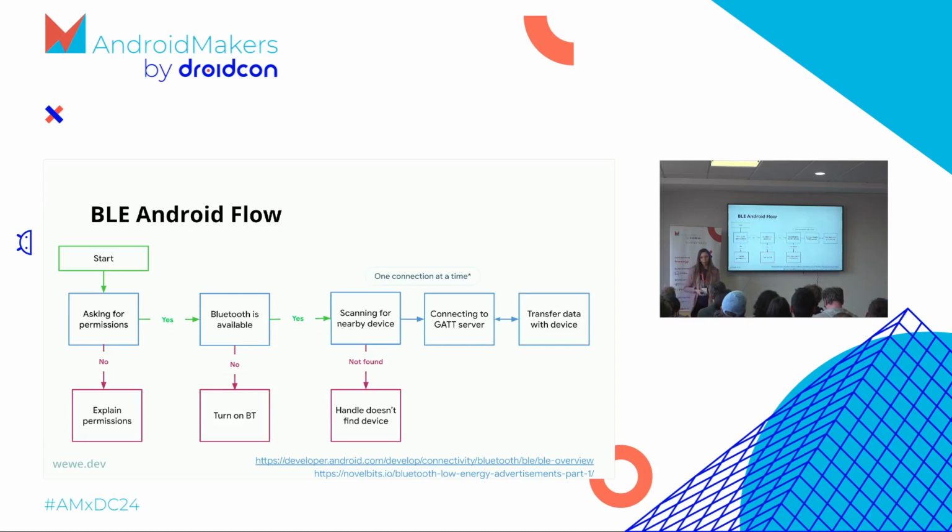What does it mean? The peripheral device has two modes: the connected mode and the advertising discovery mode. When the device is in connection mode, it can't advertise itself, so it can't be found by other devices.